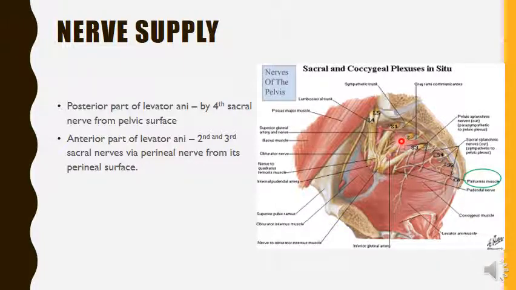Then the anterior fibers or anterior part of the levator ani is supplied by S2 and S3 through the perineal nerve from its perineal surface. So that difference you should understand. Posterior fibers from the fourth sacral nerve from its pelvic surface, anterior part of the levator ani by the second and third sacral nerves through the perineal nerve from its perineal surface.